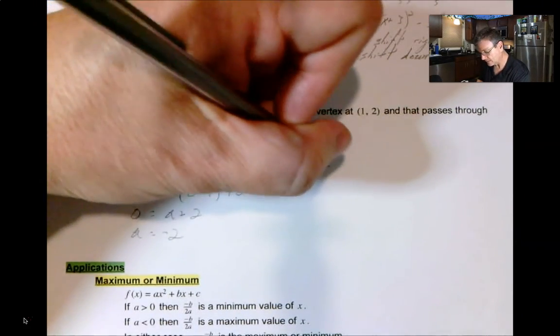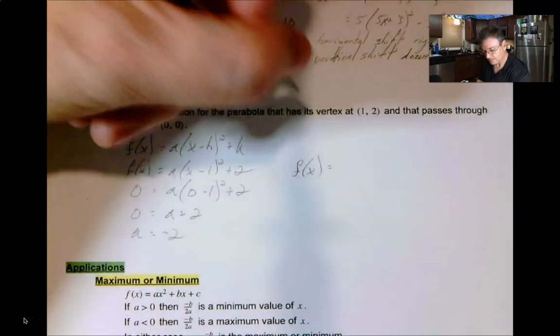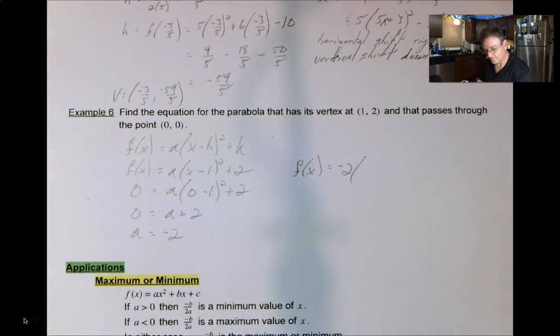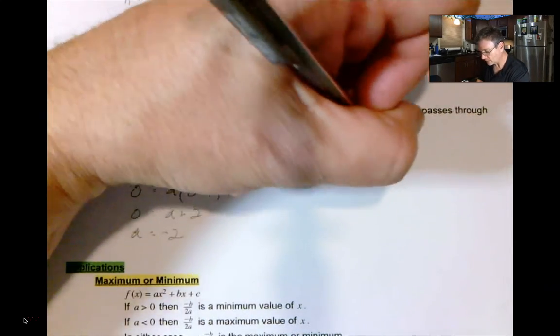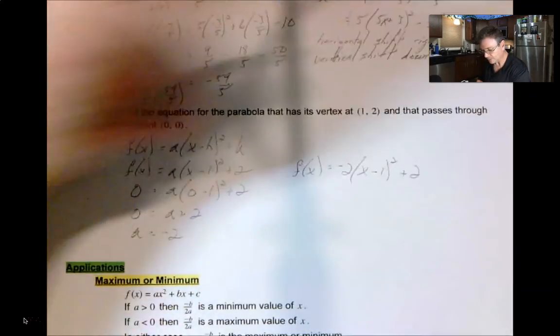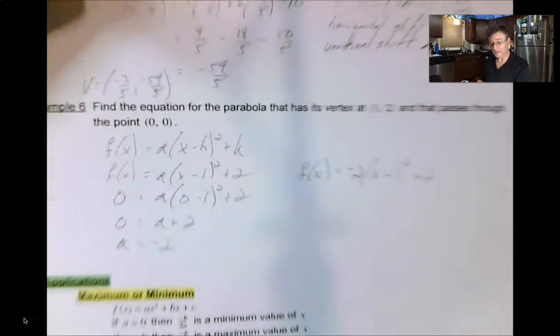So our final equation, f of x equals negative 2 times x minus 1 squared plus 2. Alright, when can we use this stuff?